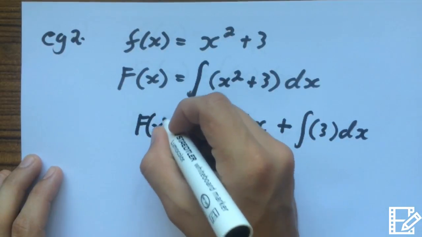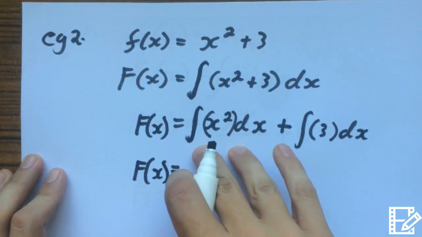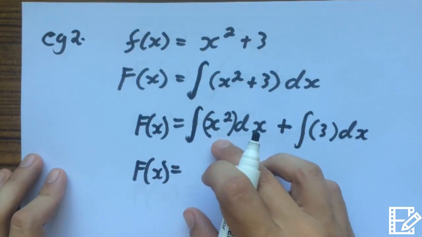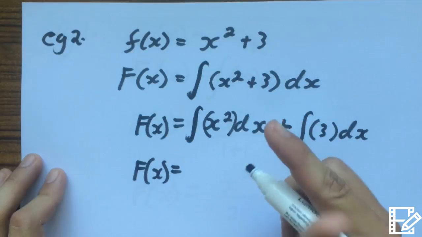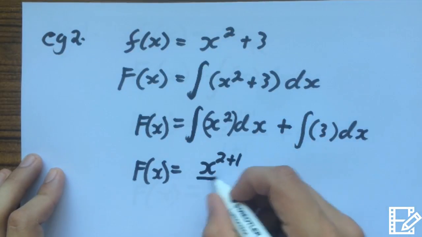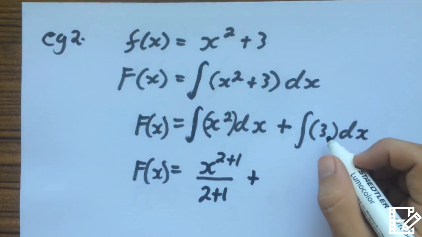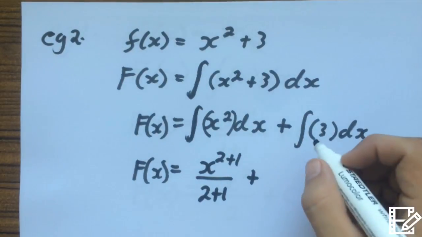So, the integral of x to the power of 2. Just use the power rule, so we add 1 to the power and divide by the new power. And then we add the integral of 3.